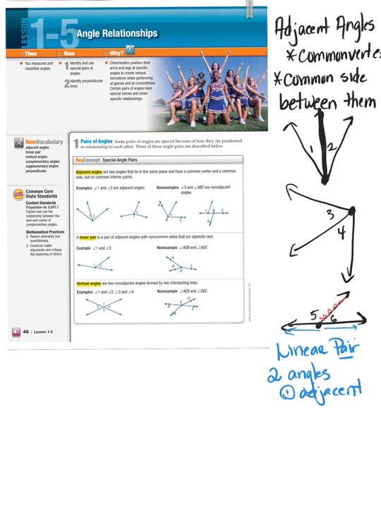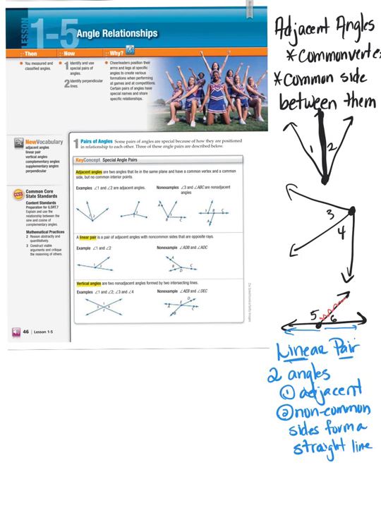So we know all the above things must be true, but we also see that their non-common sides form a straight line. You see the word line in linear?